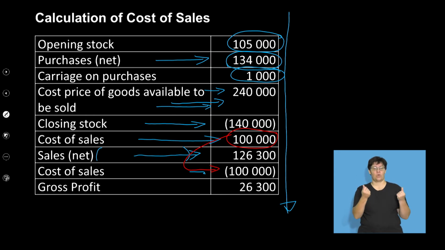As you can clearly see, there's your 100,000, which you bring into your calculation here, sales less cost of sales, which will then give you your gross profit of 26,300.